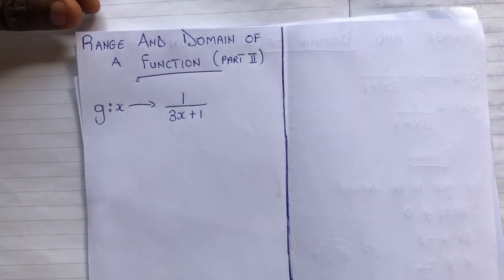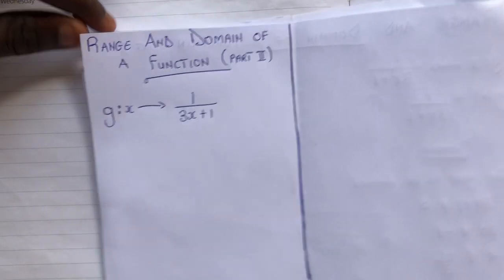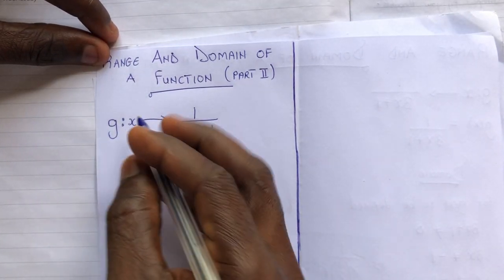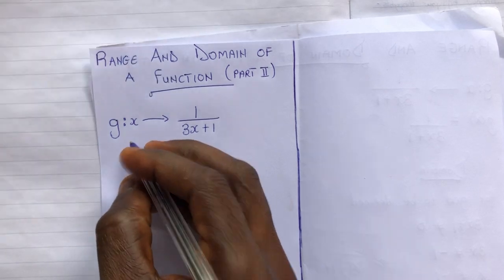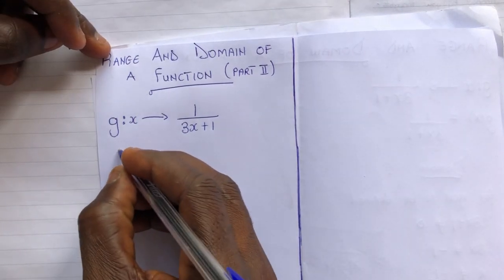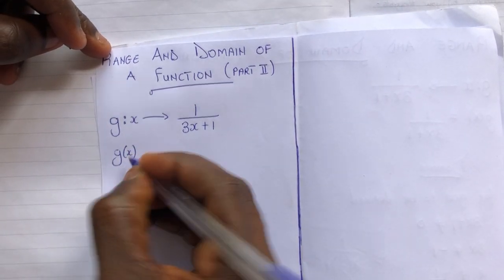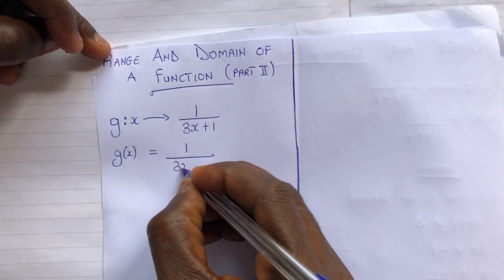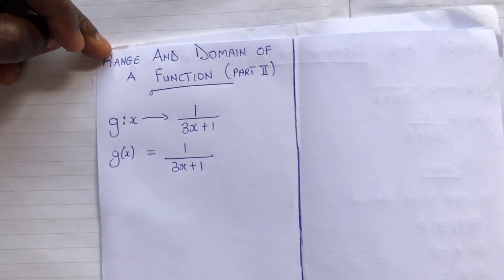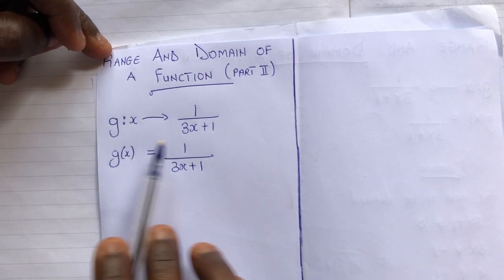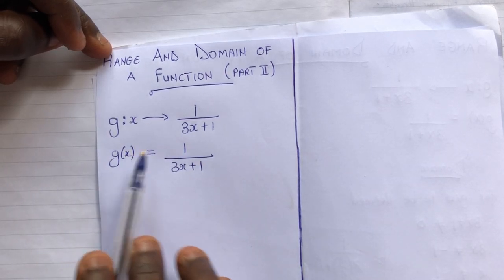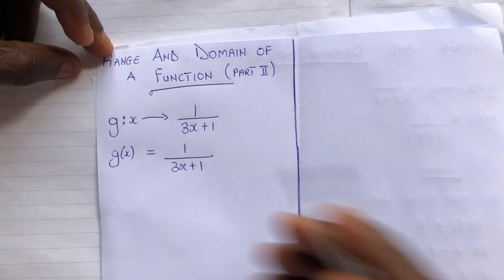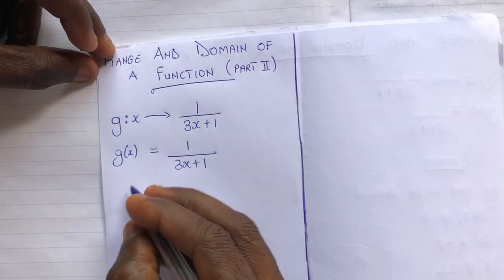To do this, we start by changing this into an equation, saying we have the function g of x equals 1 out of 3x plus 1. The next thing we need to do is write our statement.